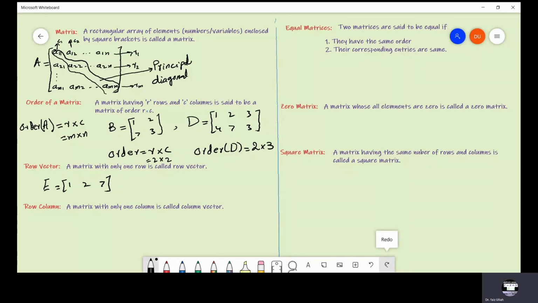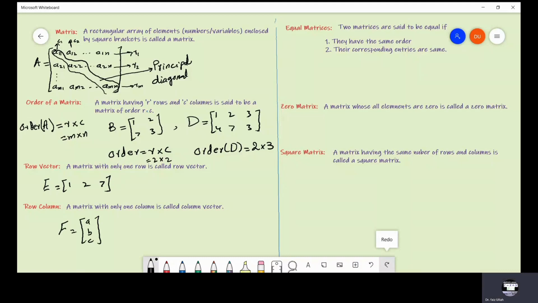Column vector. A matrix with only one column is called a column vector. For example, let us write a matrix F, and in this matrix we have a, b, c. So there is only one column in this matrix. That is why this is called a column vector.